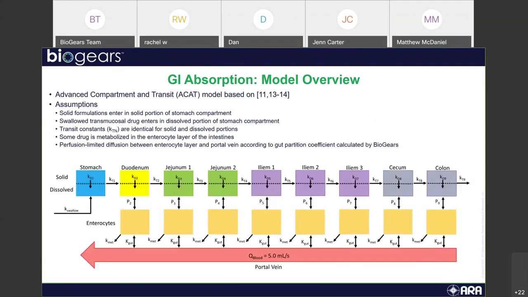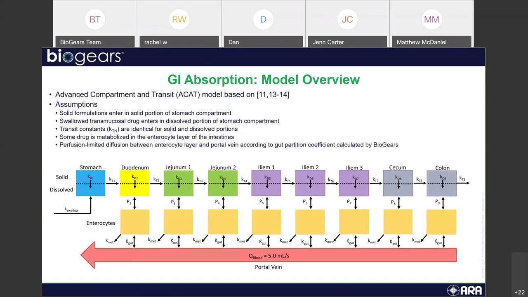That's the OTFC model. Then our gastrointestinal absorption model. This is an advanced compartment and transit model. These are plentiful in various modeling studies. So we've taken this existing skeleton of various ACAT models and embedded it into BioGears.